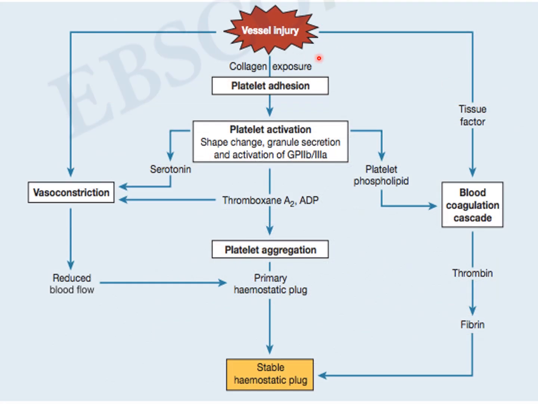So you see how I'm focusing on the mechanism, or the processes, of hemostasis, because it's very important to understand how that works. The process of hemostasis can be divided into two distinct stages, namely primary hemostasis, which is the platelet plug formation, and secondary hemostasis, which is the coagulation cascade.